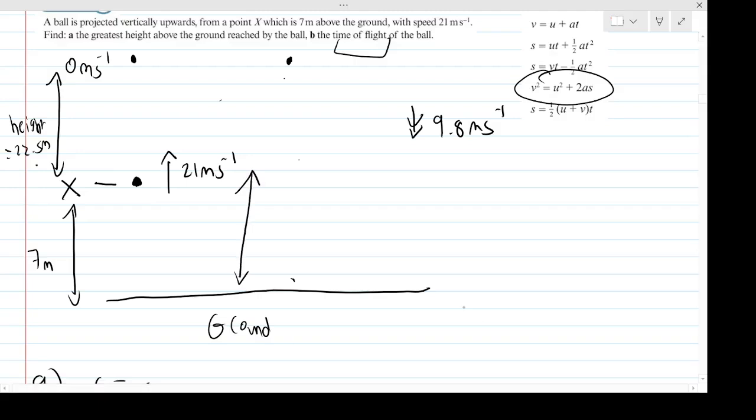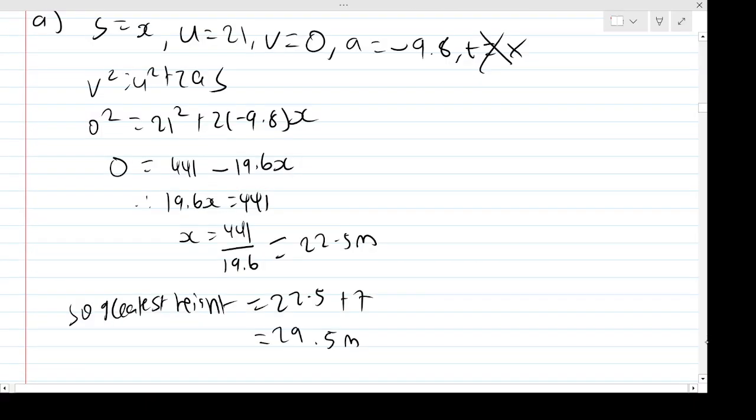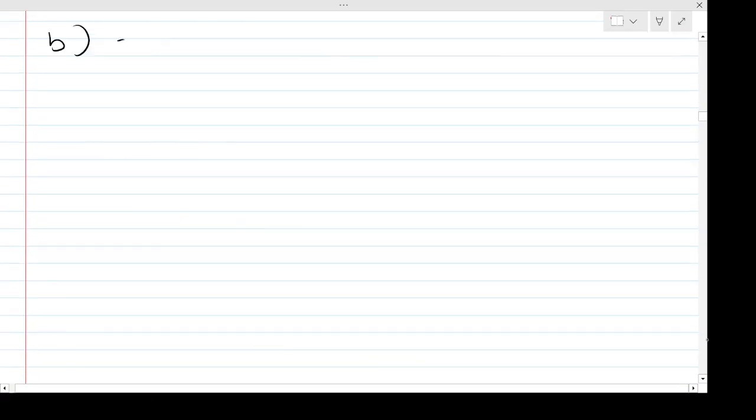If we consider from the point X initially, 7 meters above ground, to when it hits the ground, overall it's gone down by 7 meters. So the displacement will be -7, right? So I can start to do my SUVAT of that. S will be -7 when it hits the ground because it's 7 meters below the point X.